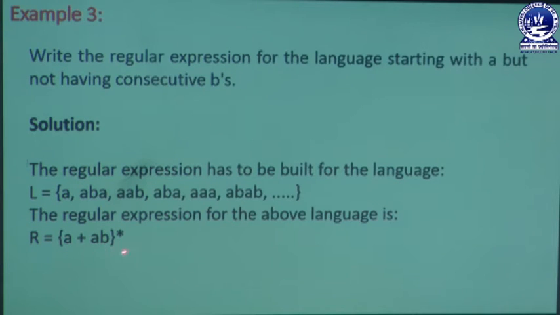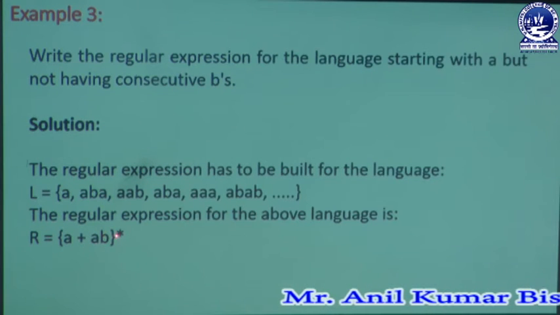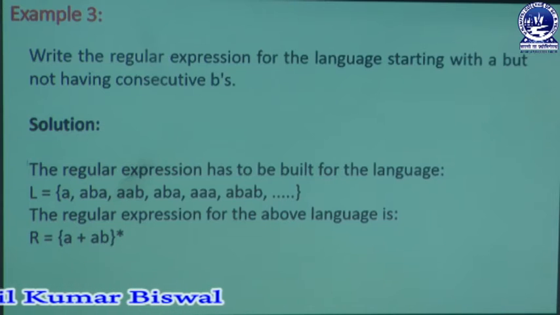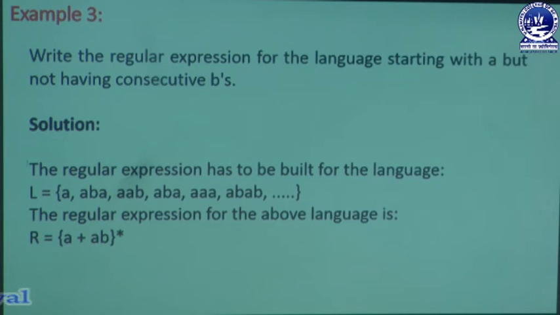Whenever a user gets this kind of expression from the above question, we think that we may have zero or more a's or b's. That means we never get any b's consecutively, so we never find a b b a. This type of string is never accepted by this language.